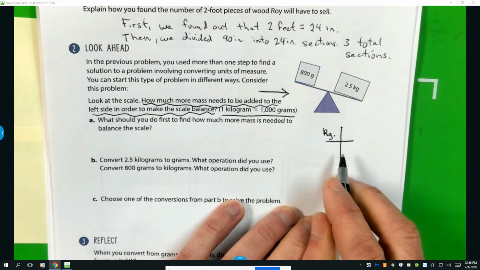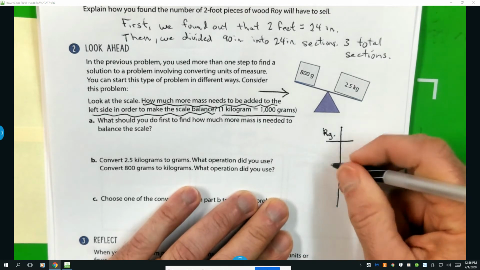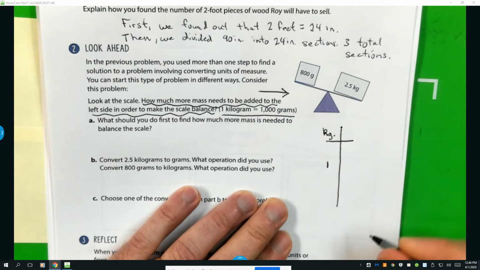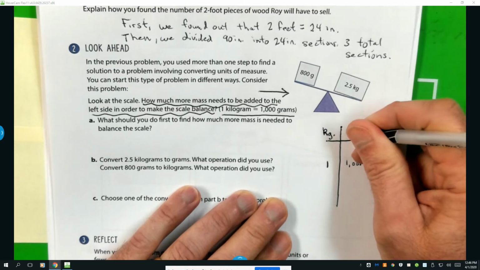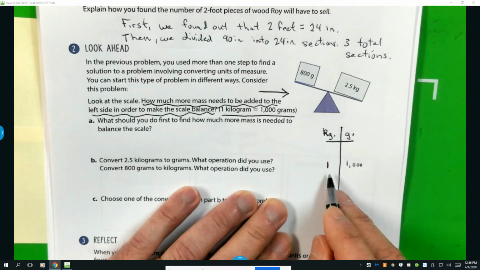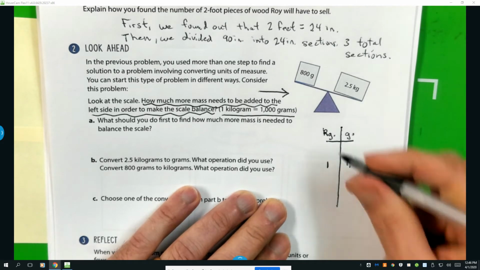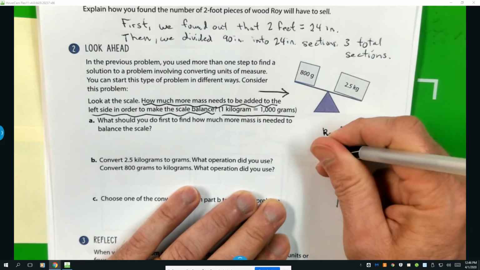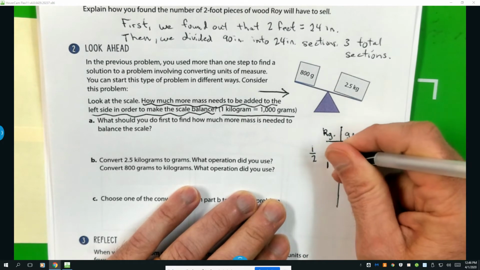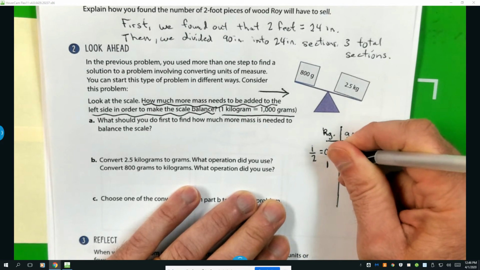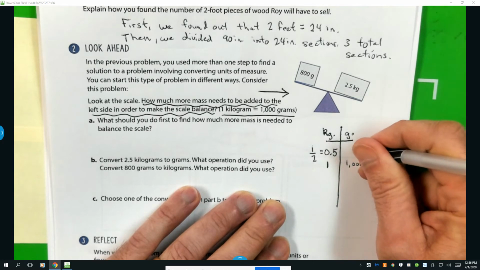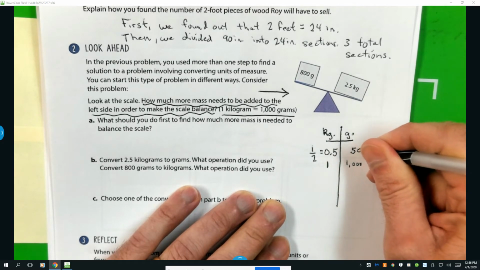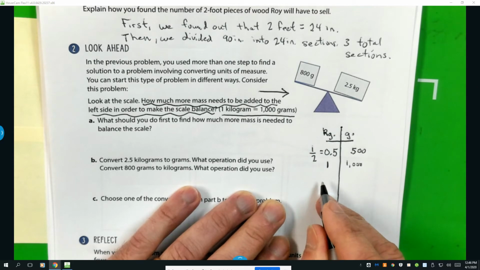Okay, so in a previous lesson, we went with 1 kilogram, and we know that that's 1,000 grams. But then we also took the half measurement. Here's a half as a fraction, but that also equals 0.5. And we know that half of a kilogram equals 500 grams.